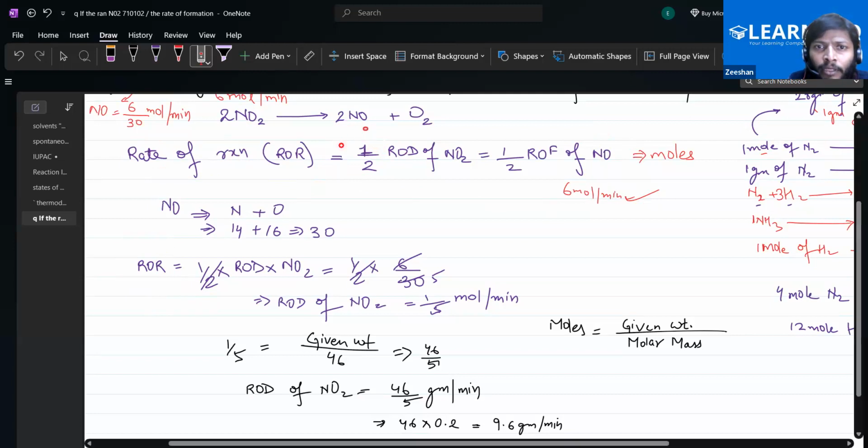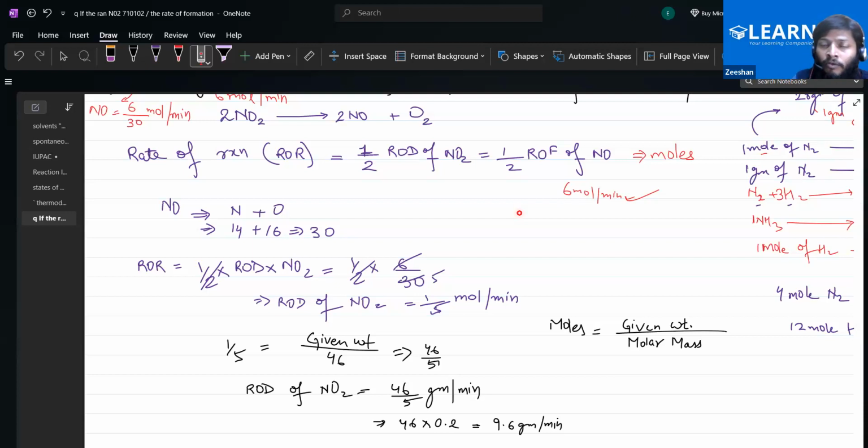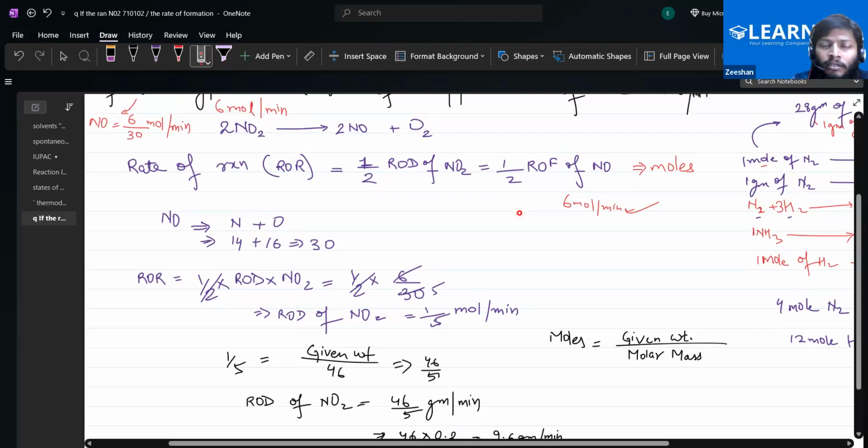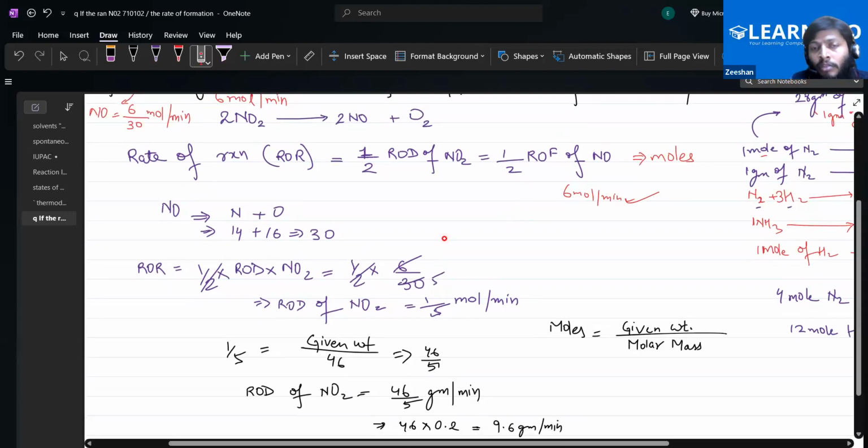For the meantime, just write this formula. If you write this formula only, this half and half will be cut, and the rate of disappearance and rate of formation will be equal, and you will get 6 mole per minute, which you were earlier getting, right? So you don't have to bother about this rate of reaction just for now.